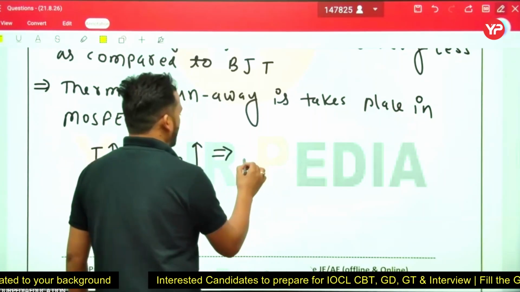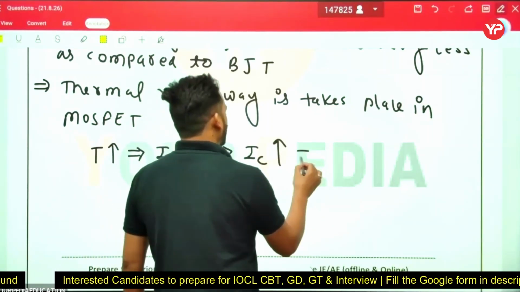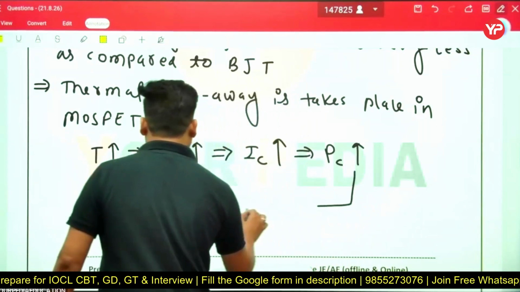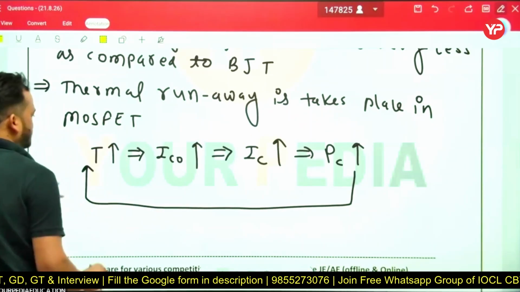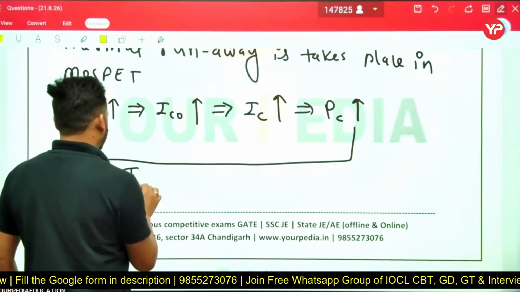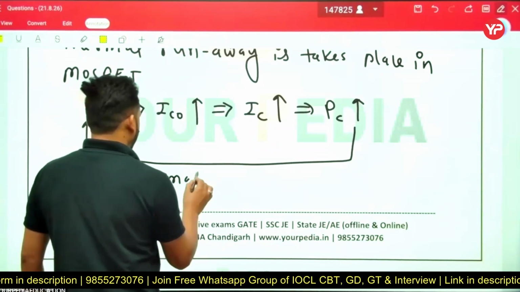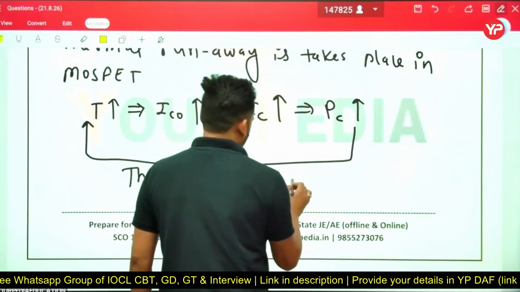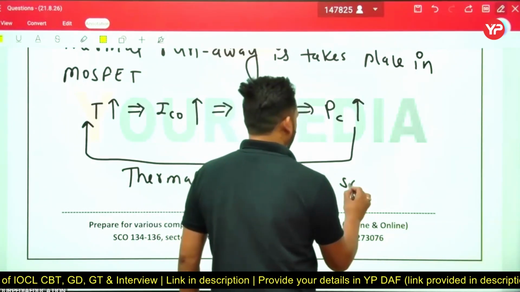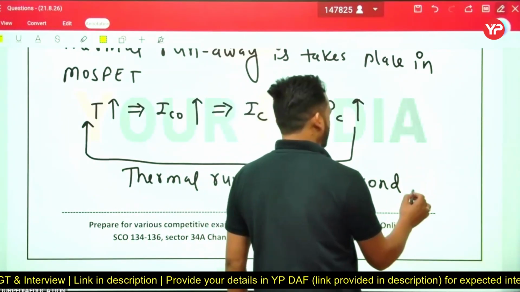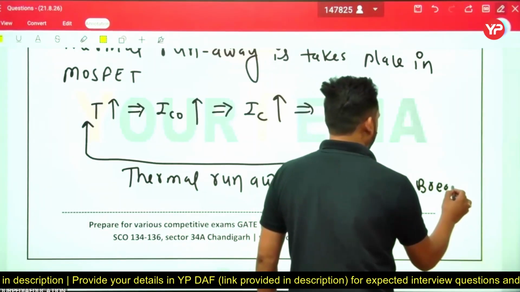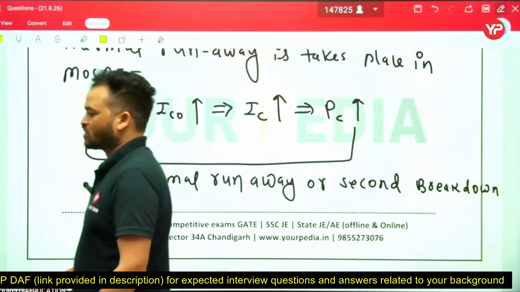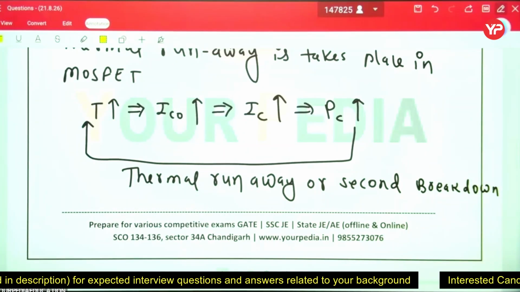Due to this I_CO, I_C increases, and due to this power dissipation is increased, and this power dissipation further increases the temperature. This is said to be thermal runaway, or we can say second breakdown. Thermal runaway or second breakdown.